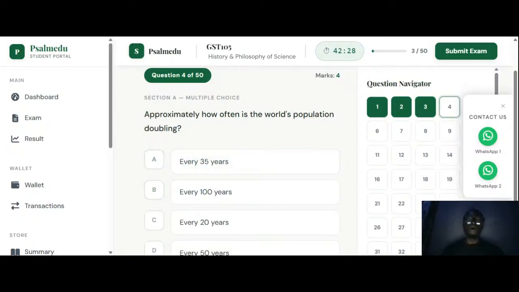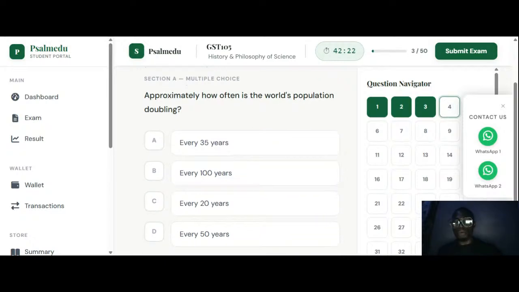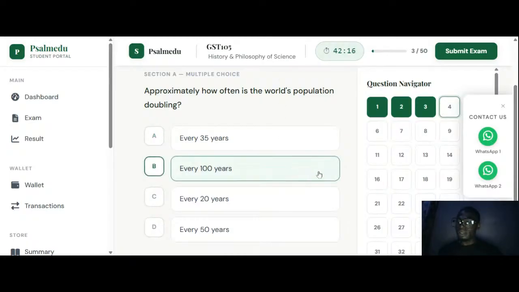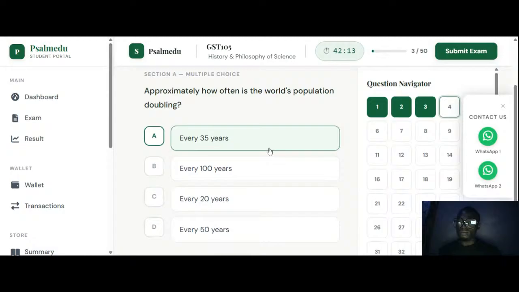Let's move on. Approximately, how often is the world's population doubling? Based on statistics, they have been able to establish that the world's population used to double after some number of years. So how many years? Is it 35 years, 20 years, or 50 years?